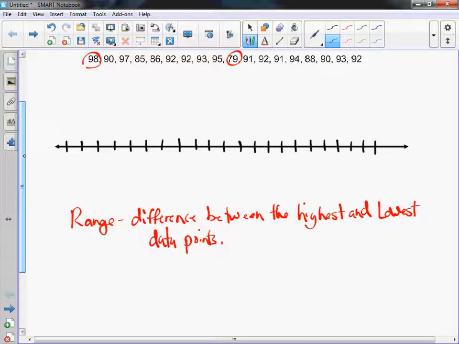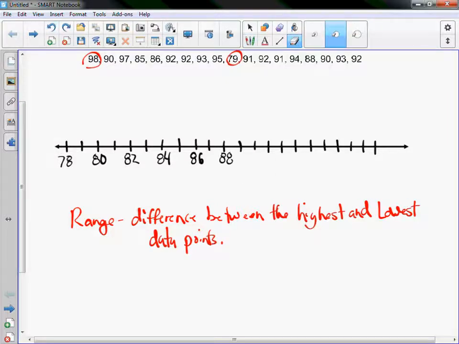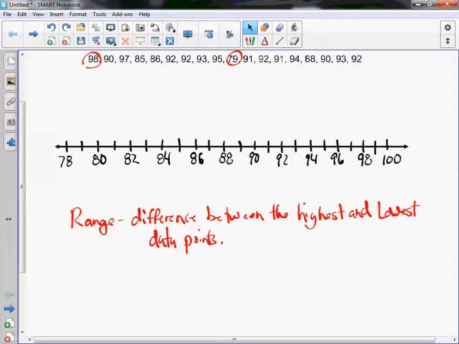That's 79, 80, 82, 84, 86, 88, skipping every odd one, just so I have space and I'm not cramming my numbers together on the bottom, and you can still read them. That's the only reason I'm doing it. So let's put one more mark and get the 100 up there.